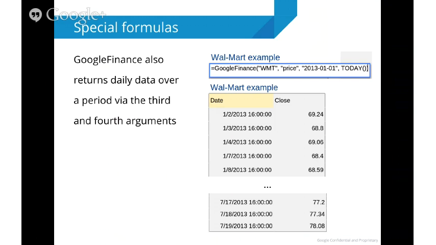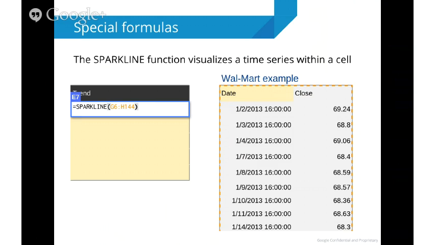It grabs you every day that there was stock trading activity, so it omits weekends and holidays, and the closing price of the stock. So this gives you maybe 100 different data points, and it auto-populates. So this is where it's an auto-expanding array formula. Pretty cool.